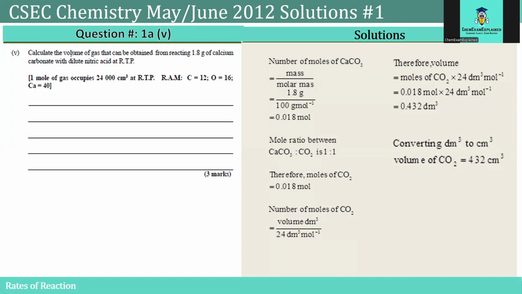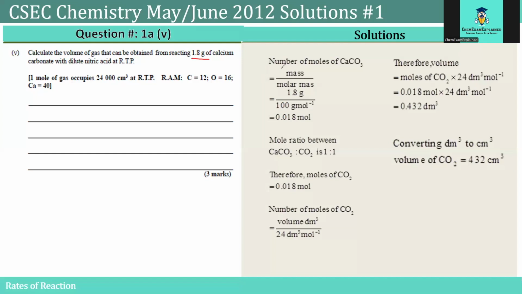Let's first identify what we want to find. We want to find the volume of gas that can be obtained from the 1.8 grams of calcium carbonate that reacted with the nitric acid, and of course, it is at RTP, room temperature and pressure. The first thing we notice is that we have the mass of calcium carbonate. So we're going to use the mass to find moles of calcium carbonate, using mole equals mass over molar mass.